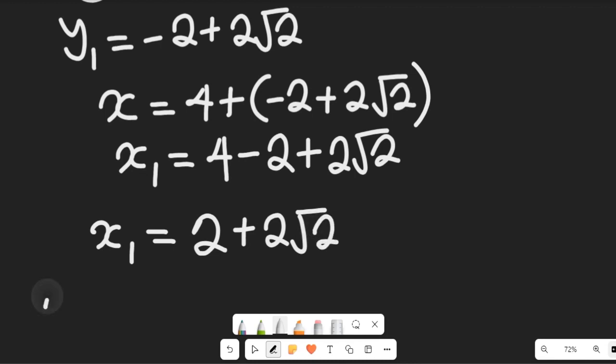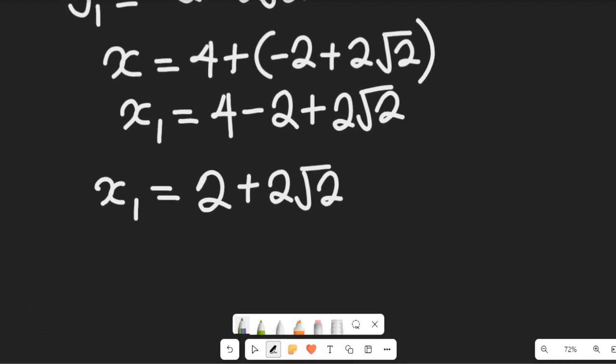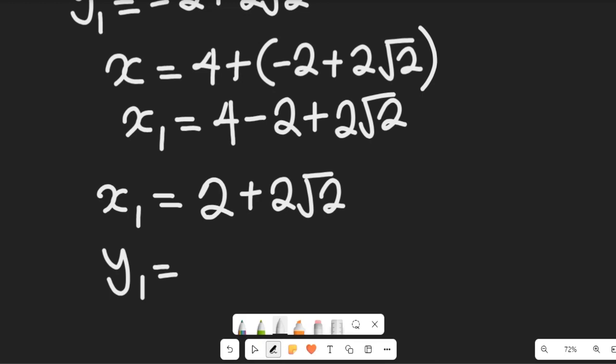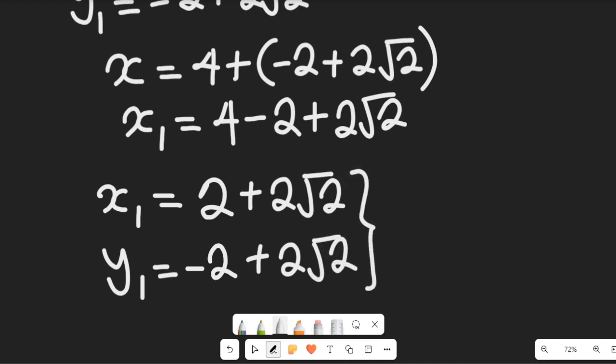So when the value of our x1 is this value, then the value of y1, which we'll have up there, is equal to negative 2 plus 2 root 2. So this is the solution of x1 and x2.